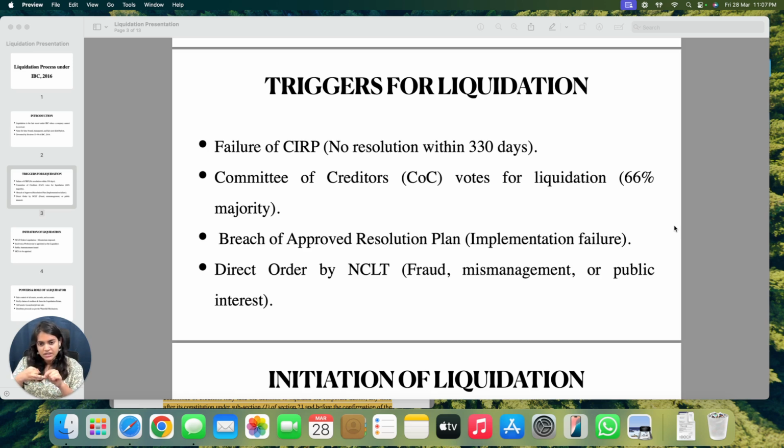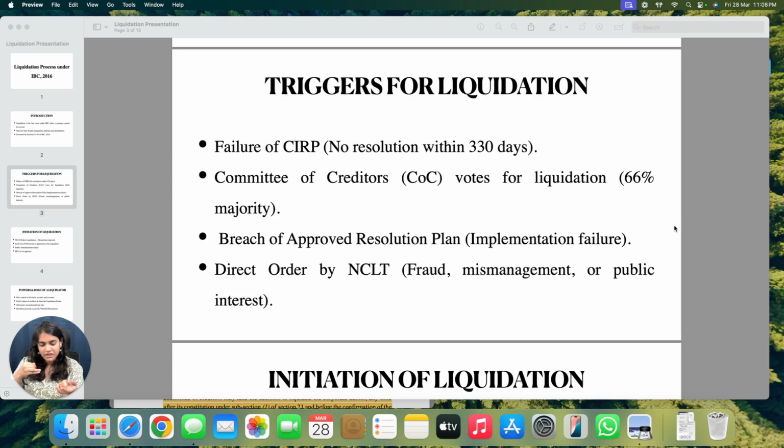Dissenting financial creditors, as in the creditors who are not voting for, or are voting against, the resolution plan that is ultimately going to be taken up or considered approved.